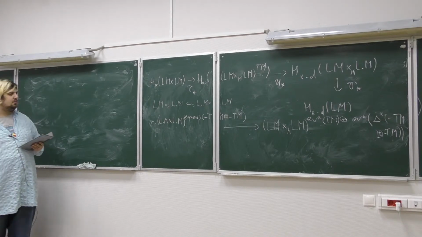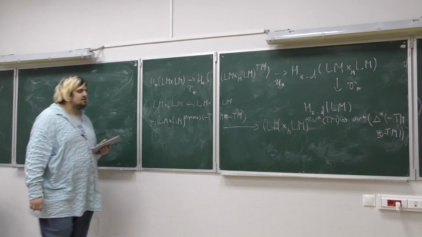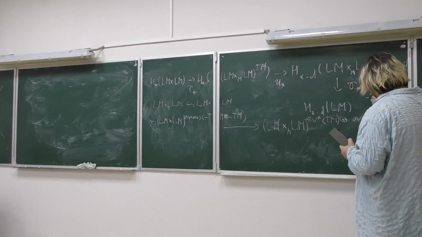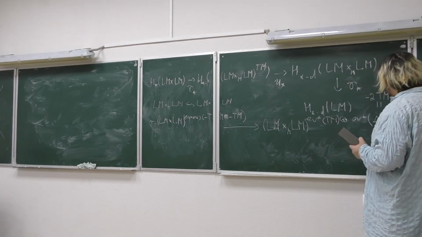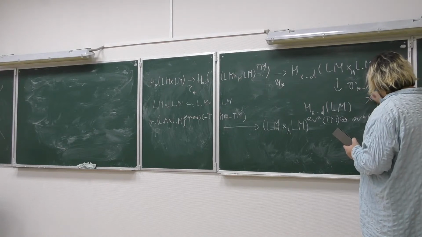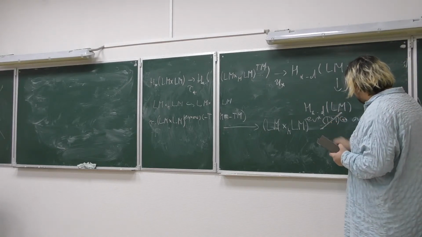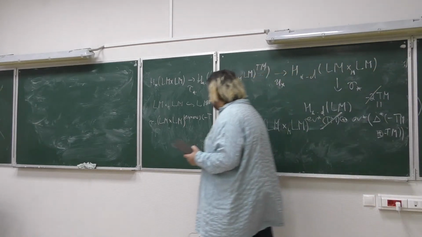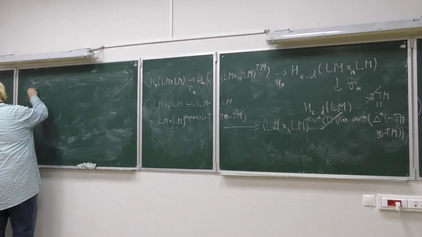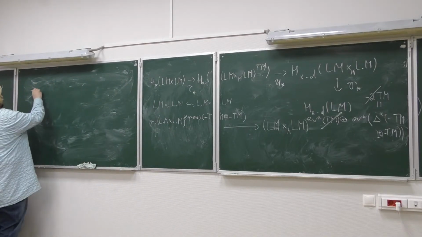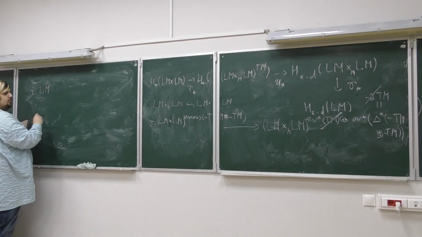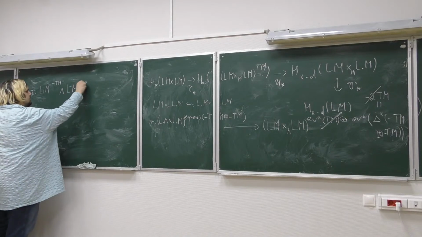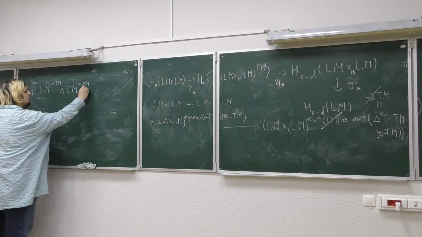Okay, so, as you said, something should cancel. This thing right here is in fact equal to minus 2Tm, and this minus 2Tm cancels with this thing here. So what we get here is actually a map of Thom spectra, which looks like this. We have Lm to the minus Tm smash Lm to the minus Tm. I just rewrote the left-hand side.